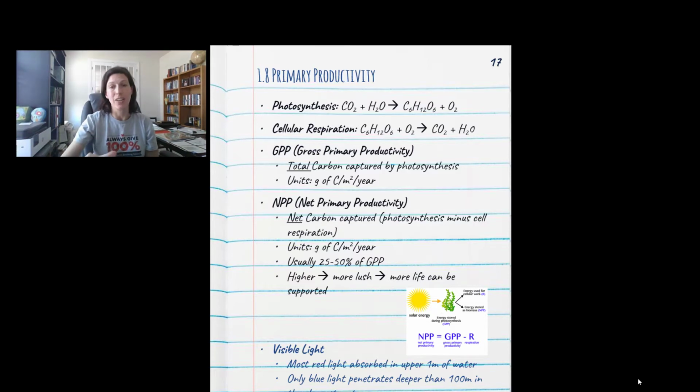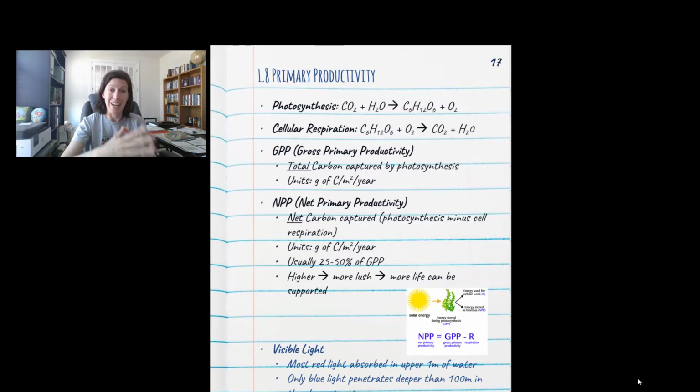Net primary productivity is the actual amount of photosynthesis and the actual amount of carbon that has been captured, because you have to take into account the fact that cellular respiration occurs. And because of cellular respiration, some of the carbon is broken down in order to get energy. So not all of it is kept within the organism or within the ecosystem.